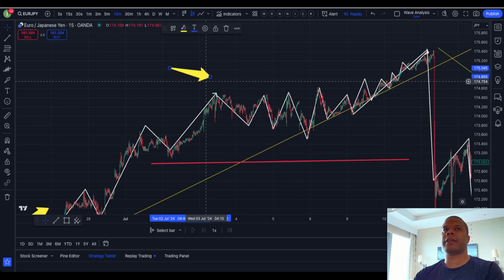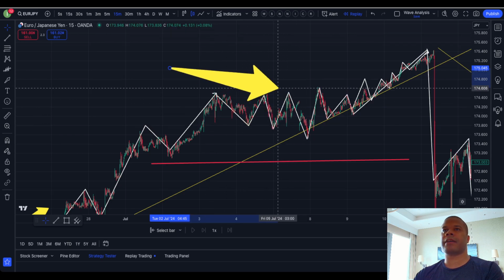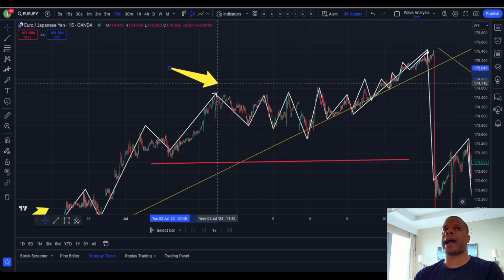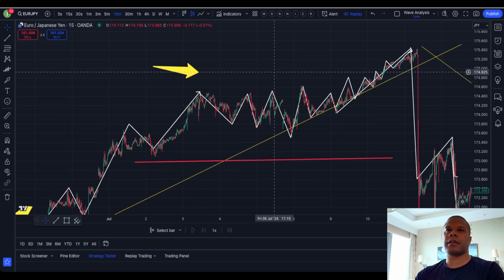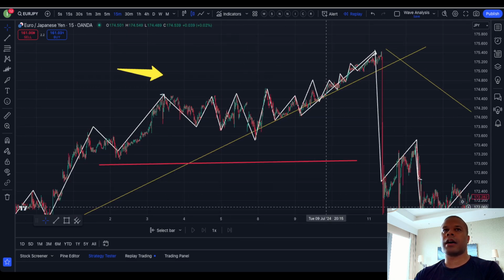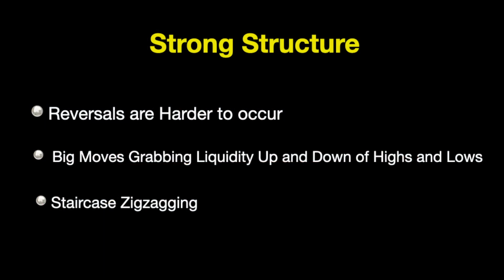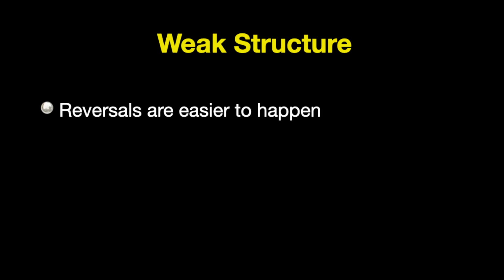There was some like here, but you didn't really see those big grabs and it continuing to make new higher highs and new higher lows. And so, with that being said, we can start to see weak structure starting to occur. And what happens with weak structure is that reversals are easier to happen. And we've seen that here.